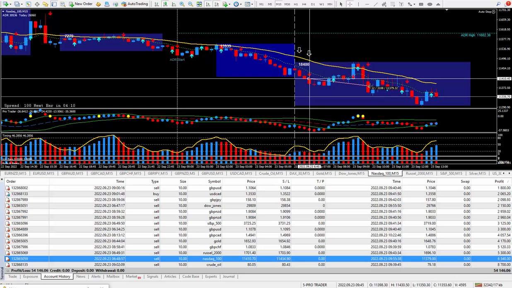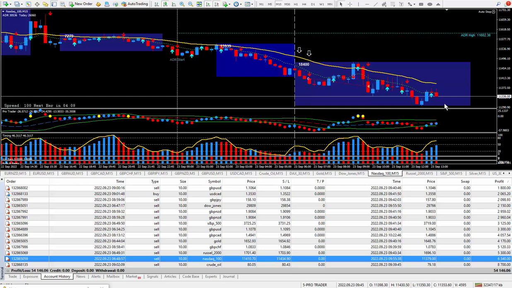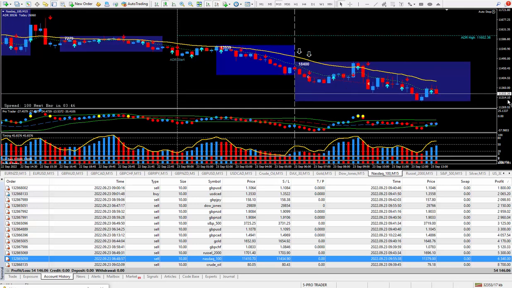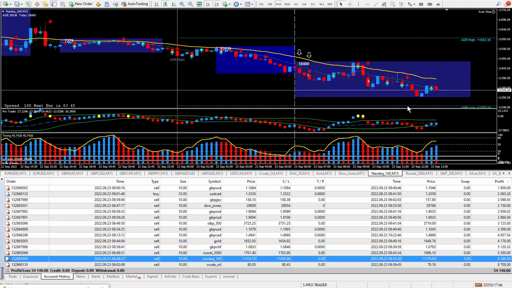So it's 31 ticks times $20 times 10 lots paid out $6,340. And of course, the NASDAQ did not hit the ADR. Here's the high, here's the low, and when it hits it, it'll become a thicker red solid line.